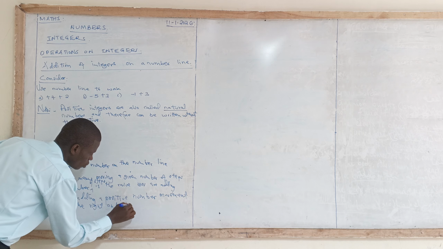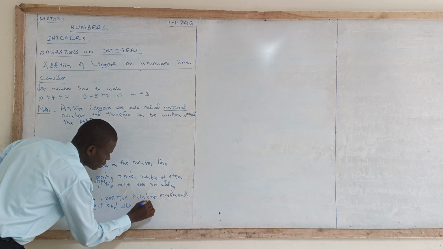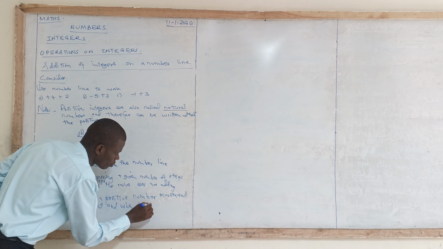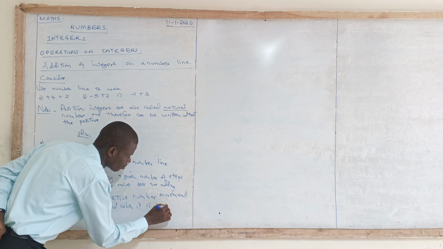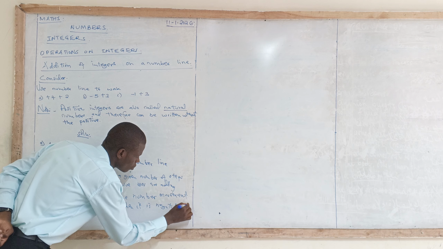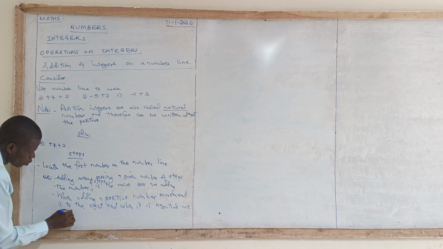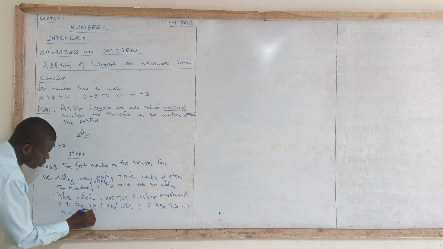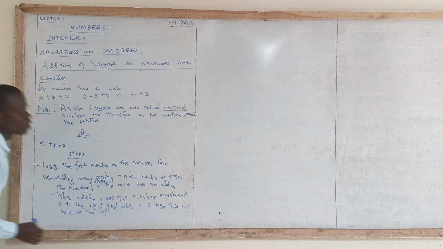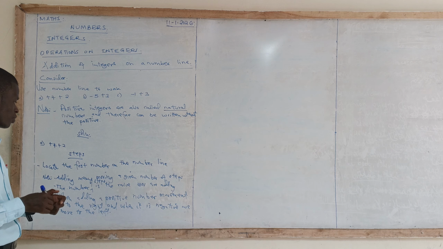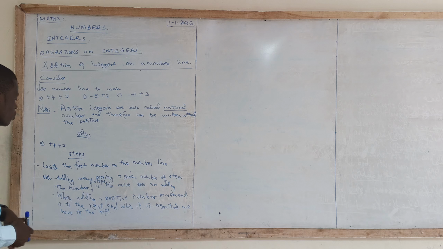And when it is negative, we move to the left. So when adding positive, we move to the right, and when adding negative, we move to the left.